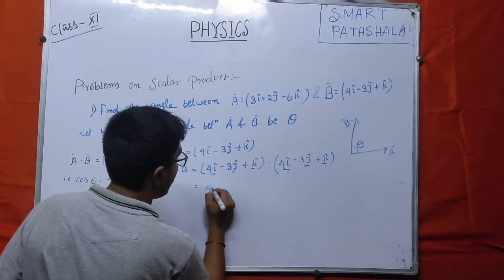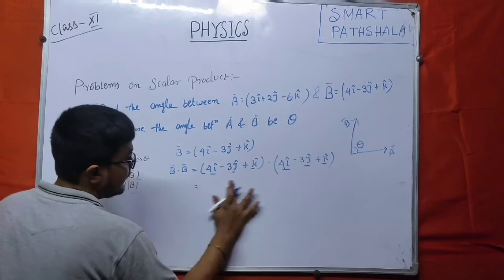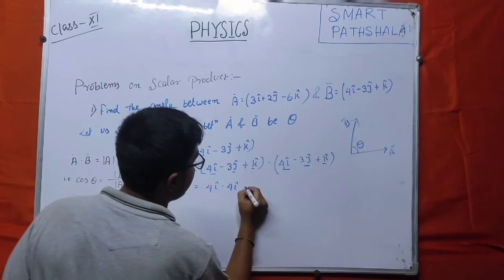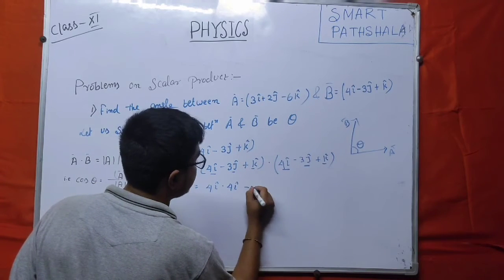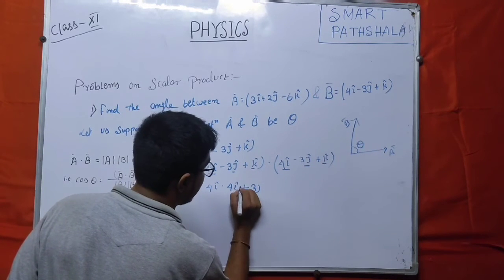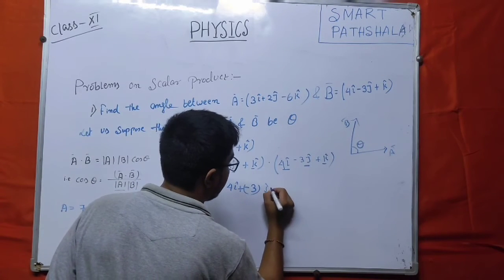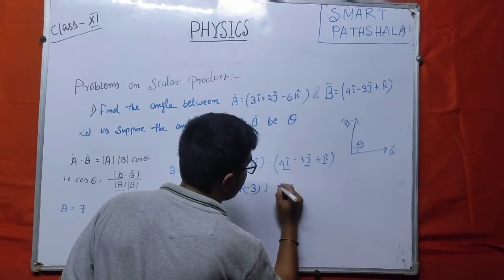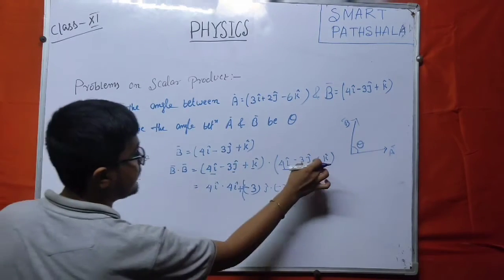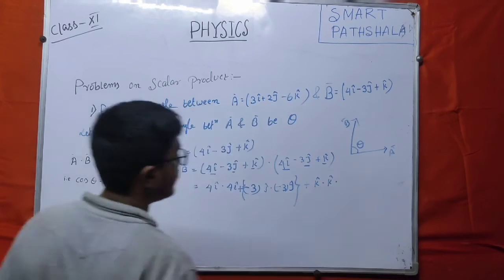Now 4 into 4, this into this. If there is a problem in understanding, then you can write 4i cap dot 4i cap, then plus minus 3j cap into minus 3j cap, keeping the whole thing in brackets, then k cap dot k cap.